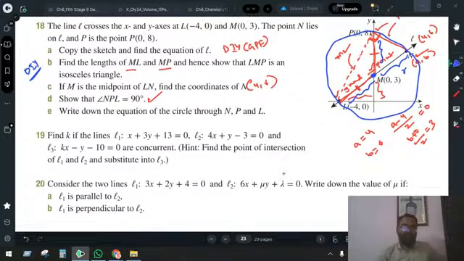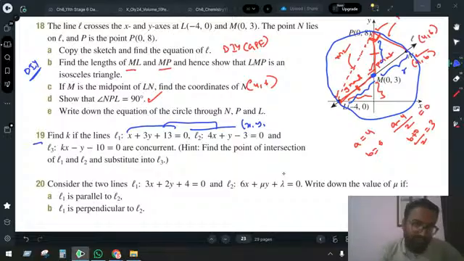Next, for 19, find the K if the lines L1, L2 and L3 are concurrent. Means solve these two equations first, simultaneously. Then you will get some point, some x comma y. And substitute into the third. Can you try?